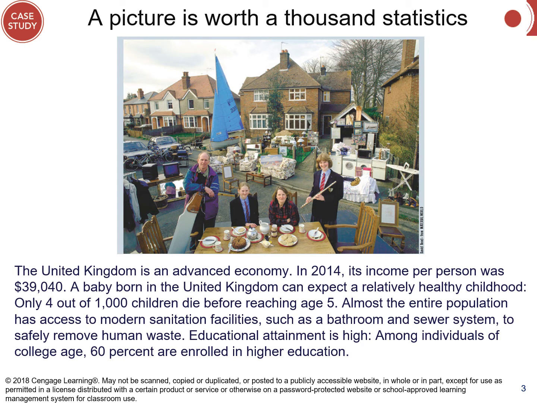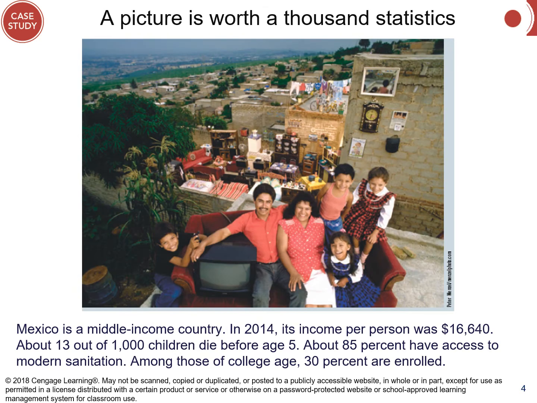The UK shows about $39,000 per person real GDP, having this kind of living standard, as you look at the picture. And then Mexico, having $16,000 per person, shows this living standard.